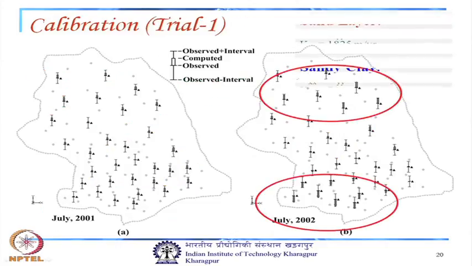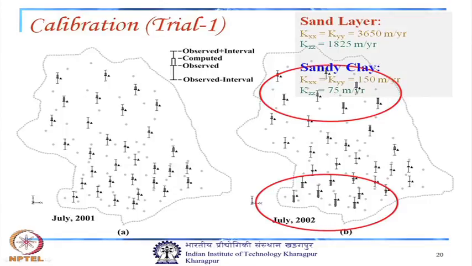So, calibration trials with the sand layer with particular hydraulic conductivity values, it has been found that the upper region and the lower region are not matching, and also in the upper region there is some kind of deviation, but not that much, while in the lower part it is not completely matching.